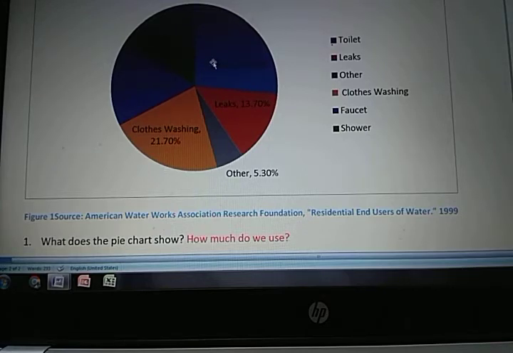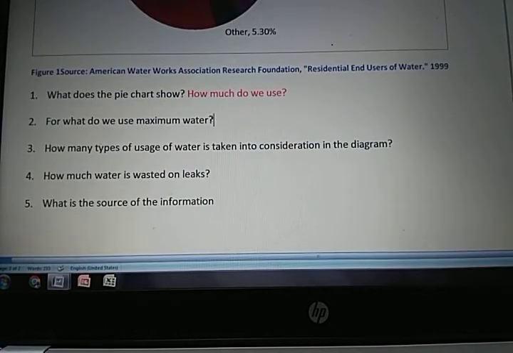So under what heading do we use maximum water? Toilet. The answer is toilet, 26.7%. Understood?